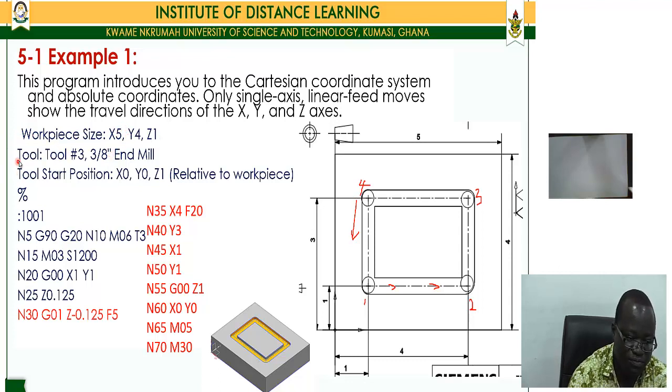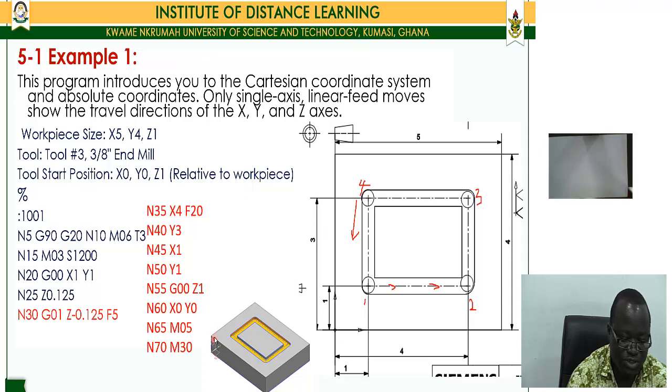So here is workpiece size, then we have a colon, then we define it in terms of the axes: x5, y4, z1. Then we have the tool, for which we will have to state the tool number. So tool number 3, and then we have to give the dimensions and some description of the tool. So tool number 3 is going to be a 3/8" end mill, and the tool start position is going to be x equals 0, y equals 0, and z equals 1 relative to the workpiece.